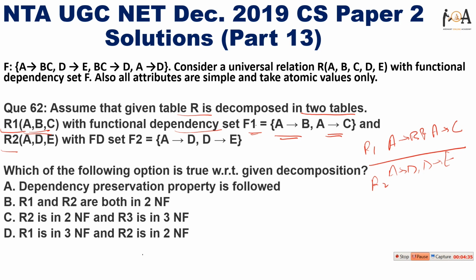So R1 is A derives B, A derives C, and R2 is A derives D and D derives E.